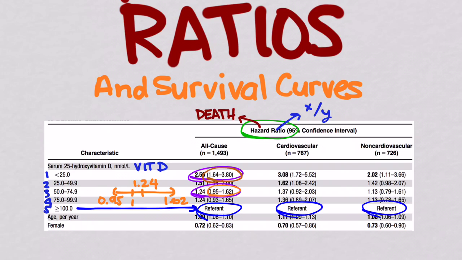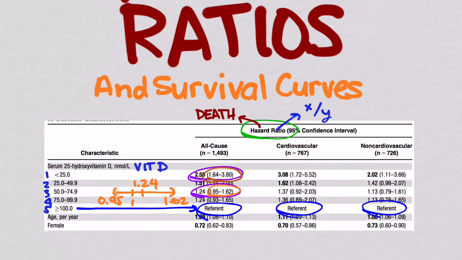And so what they did for us here is they put in boldface any of these numbers that has a statistically significant confidence interval. That means the confidence interval does not include the number 1. In this case, 0.7. It's lower than 1, but the high end of the confidence interval is much less than 1 as well. In this case, 2.02, it's higher than 1, and the low end of the confidence interval is greater than 1.